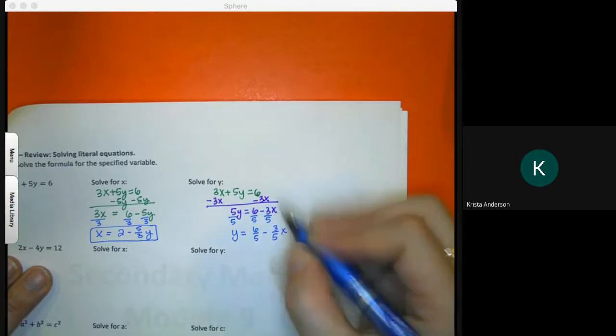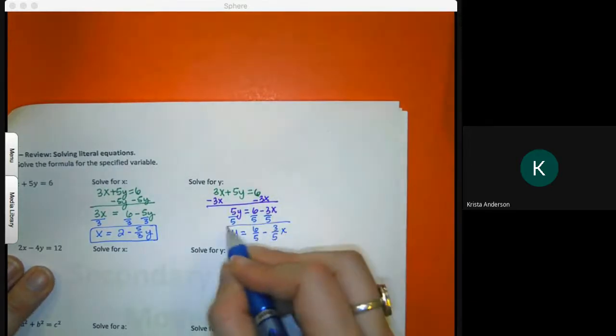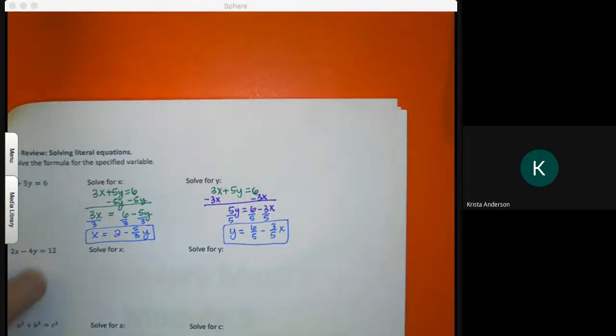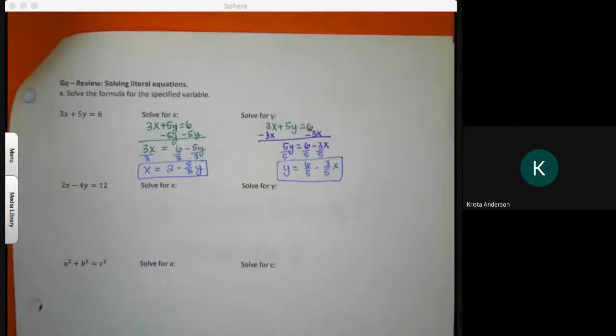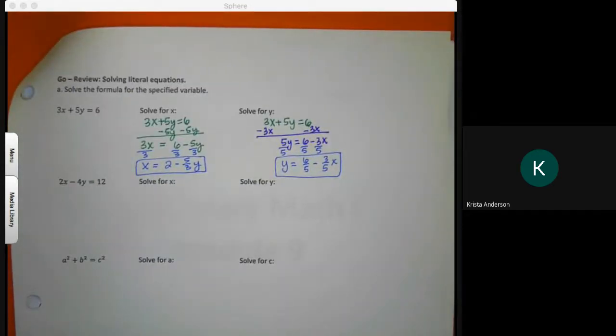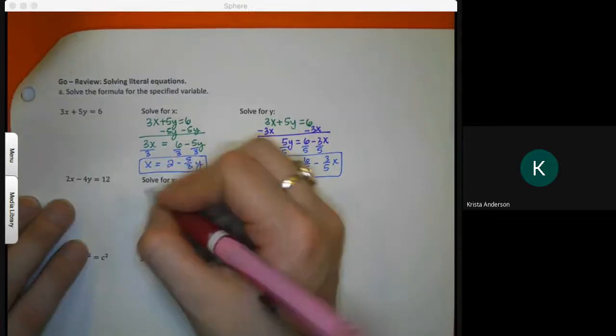Make sure the x is on that fraction. I need to solve for x.